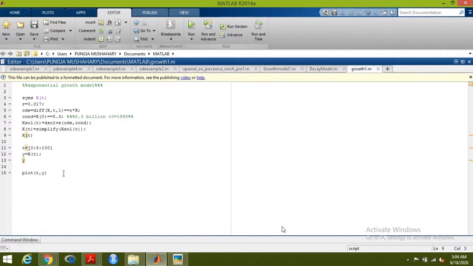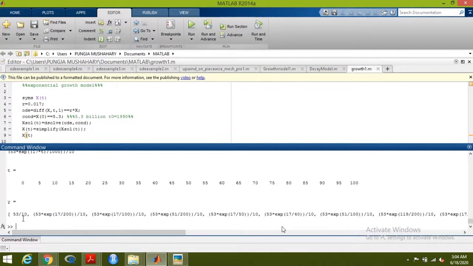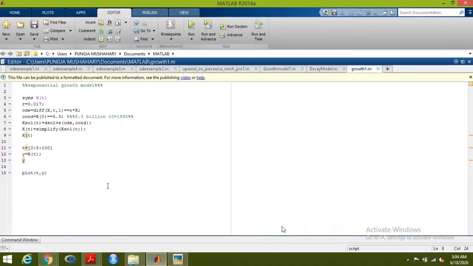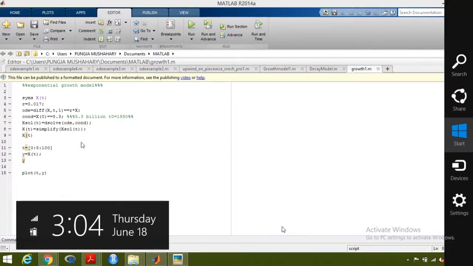So these are all billions. 53 by 10, that means 5.3 billion at time 0, that means 1990. It keeps on increasing at 1995, 2000, increasing with the interval 5. So these are the population at different times. You can see this. So go through it properly.